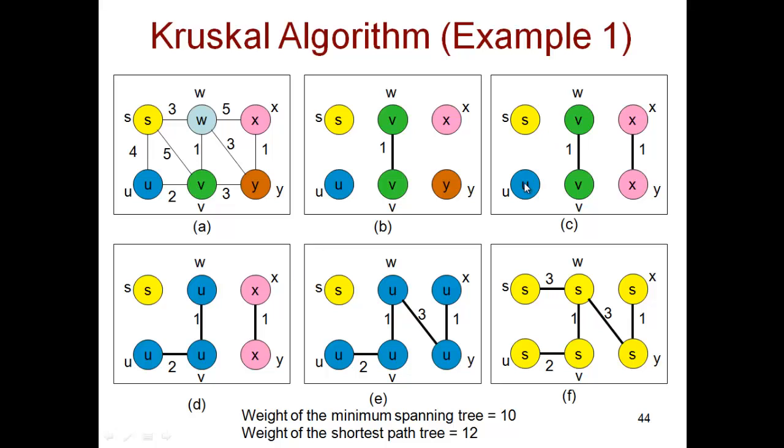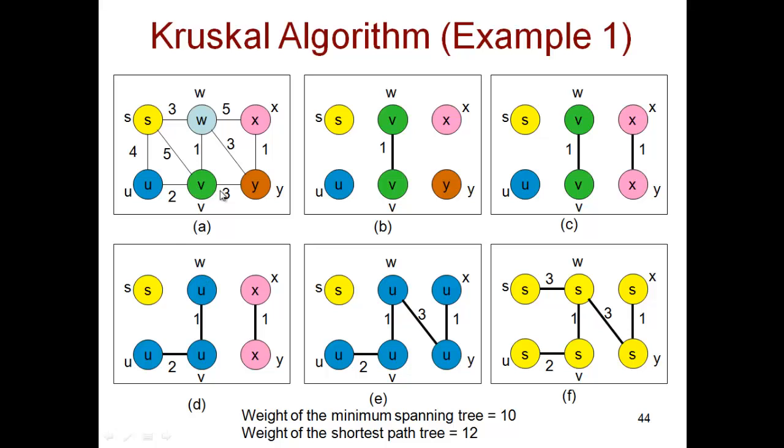So we have to pick the minimum of the two component IDs. U is in component U, V is in component V. The lowest of U and V is U. So we change these as well. All these three vertices are now in one component.